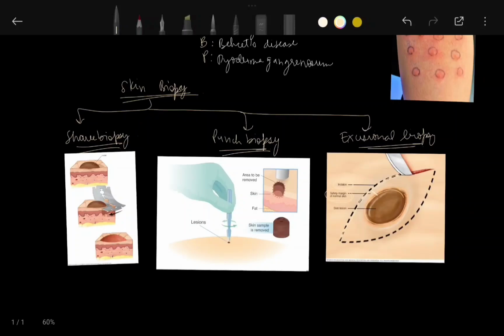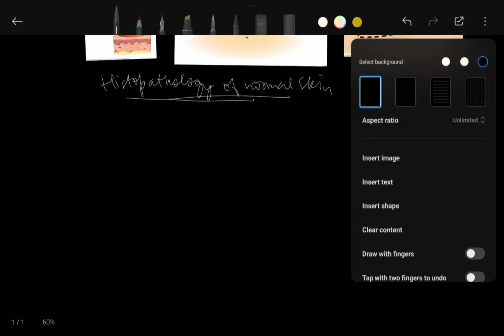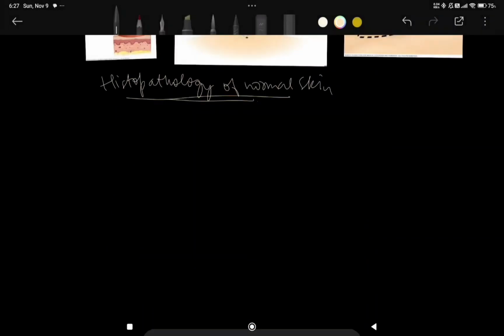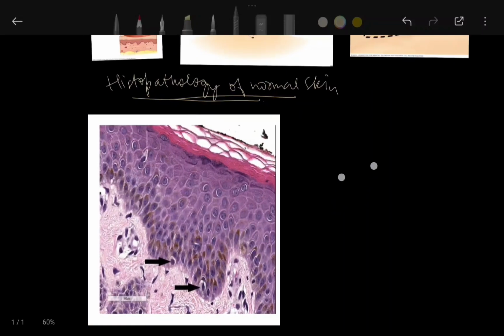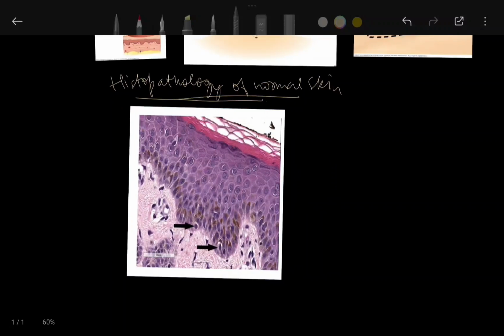After skin biopsy, just looking at the histopathology of normal skin first. Just revising a bit. This is the histopathology of normal skin. Just a bit of overview. Now, how will we come to know whether this is the histopathology of normal skin? For this, let us revise some of the layers again.